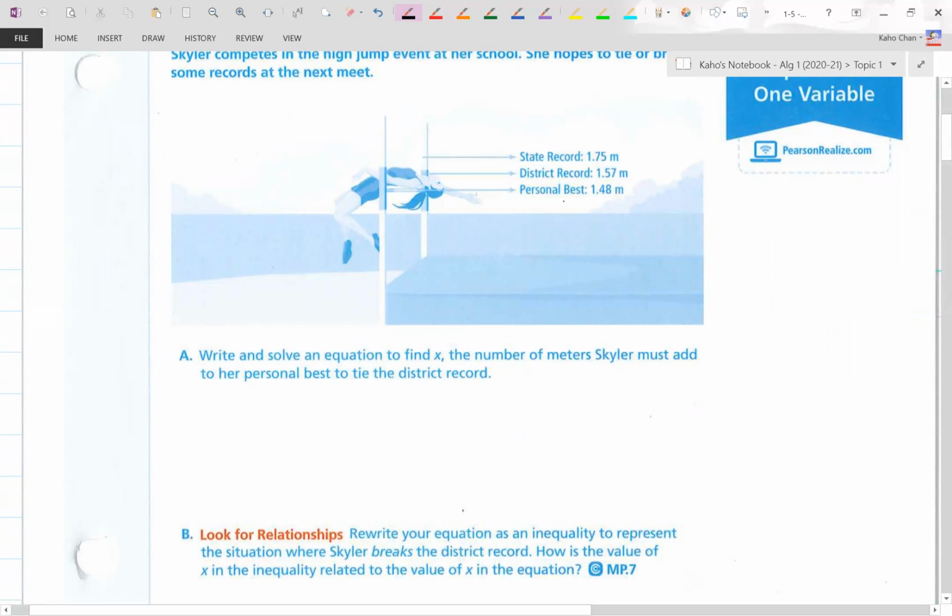All right, let's do that. Her personal record is 1.48. We need to add how much more she needs to beat the district record, which is exactly 1.57. X, of course, is the variable, and we're trying to solve it. And don't forget about order of operations backwards. Please excuse my dear Aunt Sally.